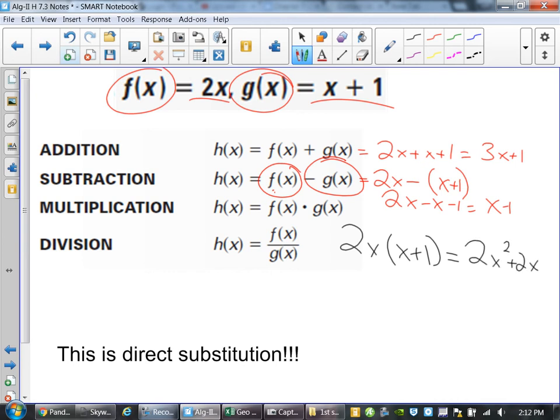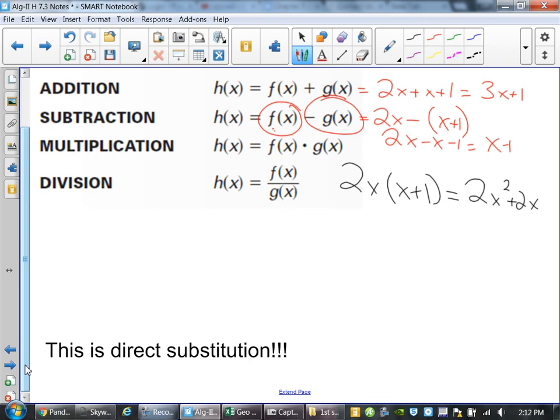And then the last one, the division, is nothing more than just writing it as a fraction and seeing if you can simplify something. So when I use division here, I have 2x over x plus 1. Can I simplify that at all? No, I can't.